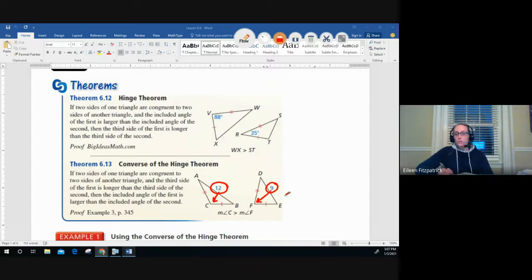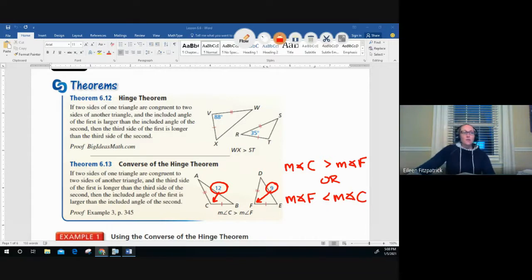You look at the 2 sides that are not congruent. The longer side is across from the larger angle. The smaller side is across from the smaller angle. So I can compare angle C to F and say the measure of angle C is greater than the measure of angle F. Or if you want to flip it around, the measure of angle F is less than the measure of angle C.